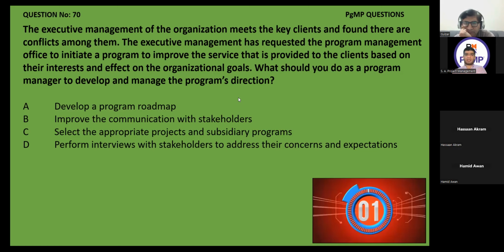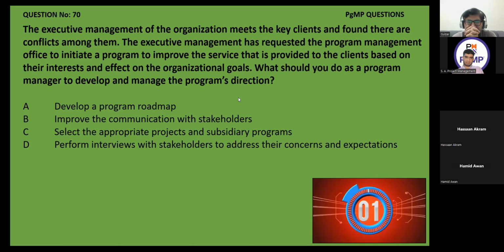Okay, Kamran sir, can you read the question? The executive management of the organization meets the key clients and finds there are conflicts among them. The executive management has requested the management office to initiate a program to improve the service provided to the clients based on their interests and effect on the organizational goals.